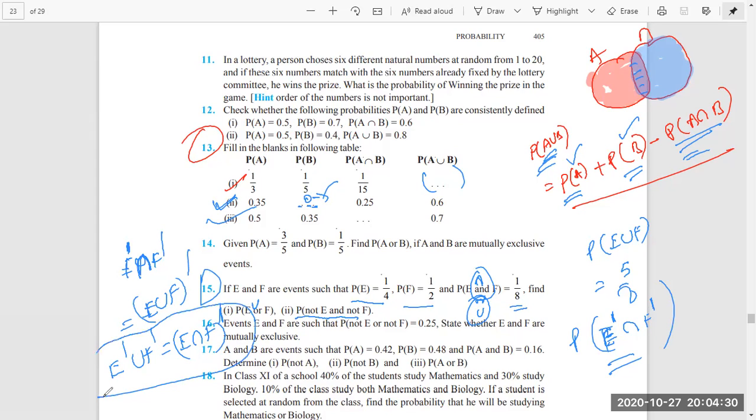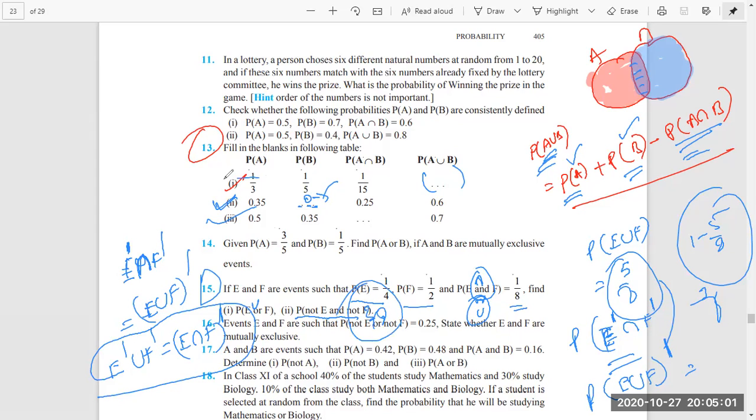If you know this property, you can answer this easily. So E complement intersection F complement is the probability of E union F whole complement. You know what E union F is, 5 by 8. So not E union F is 1 minus 5 by 8, which is 3 by 8. So the answer is 3 by 8.